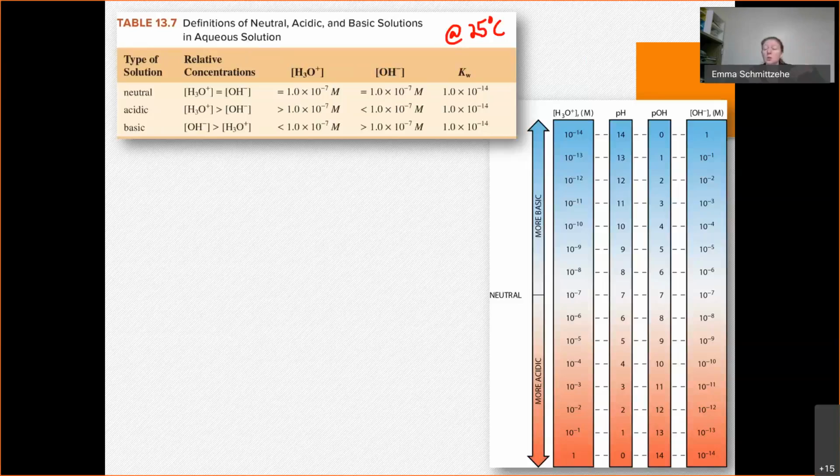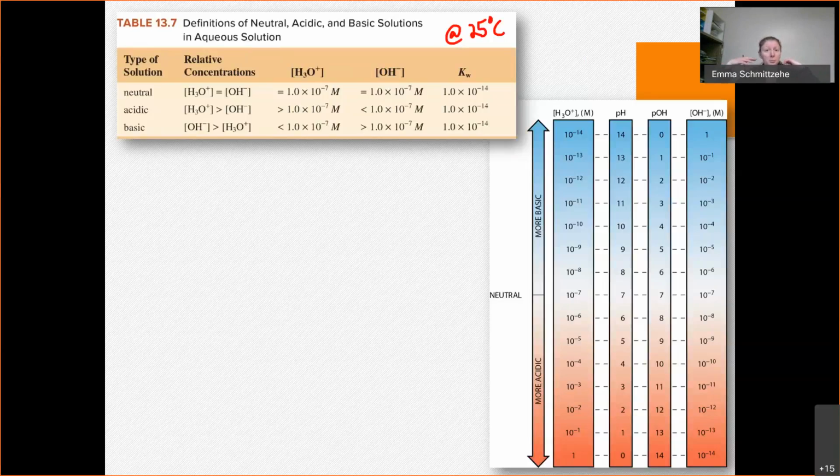So the diagram on the right gives you, at different pH points, what all the other stuff would be. So at pH of 14, you have 10 to the negative 14th of hydronium ion, and your pOH is 0, and your hydroxide is around 1.